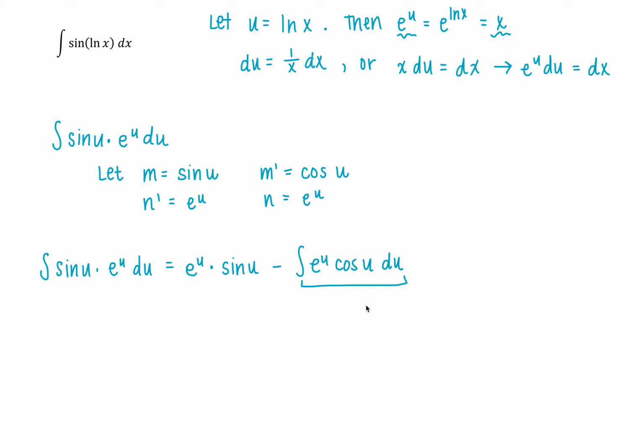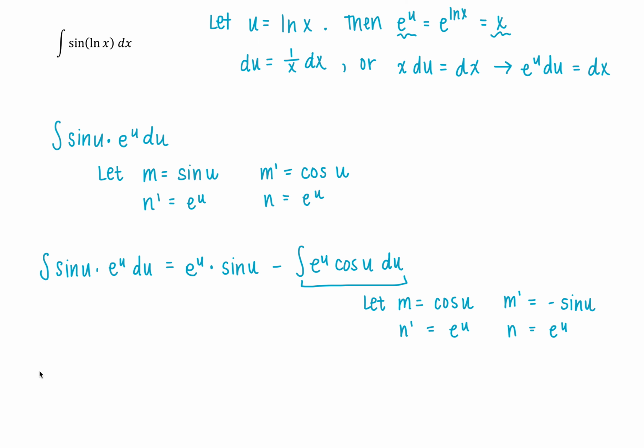The variables aren't that important. So this time I'm going to let m equal cosine u. So m prime is negative sine u. And then n prime is going to be e to the u, so n is also e to the u.